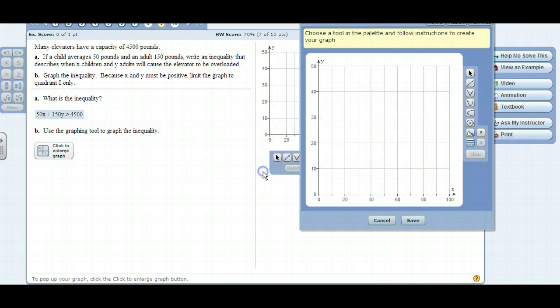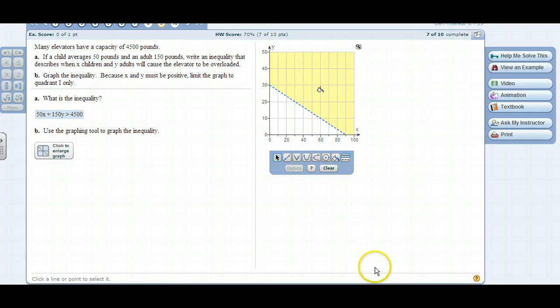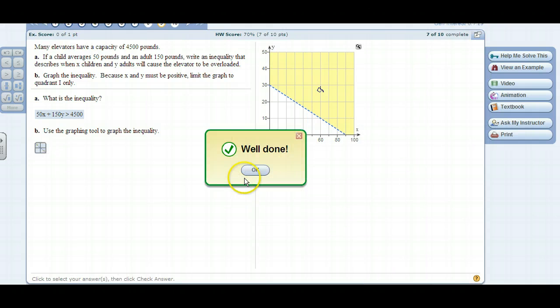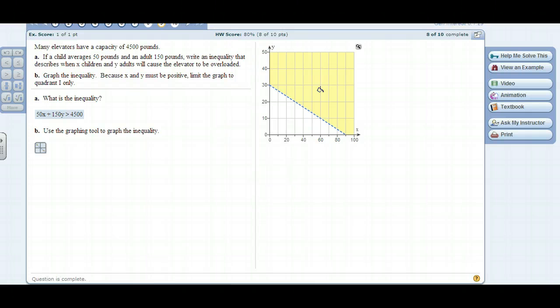The reason why I'm clearing that is because I didn't use a dash line, because it's a strictly greater than, I need a dash line. Alright, and then I'm going to shade above it. Alright, so that's the type of questions you're doing at 8, 9, and 10.